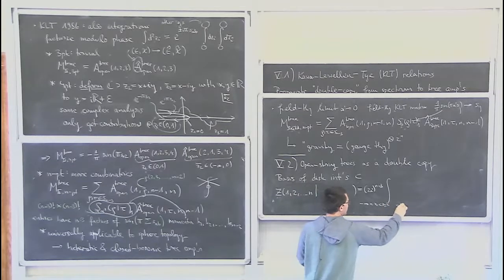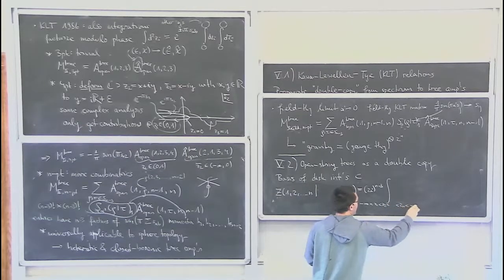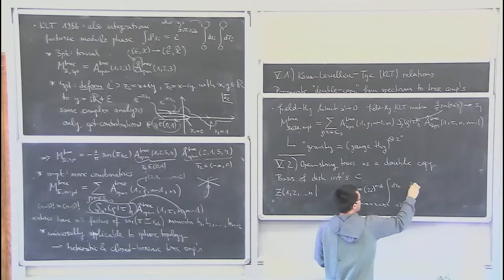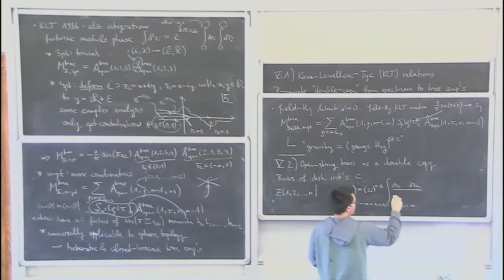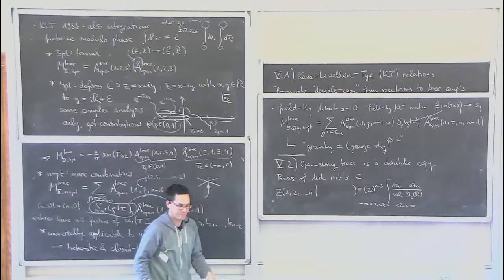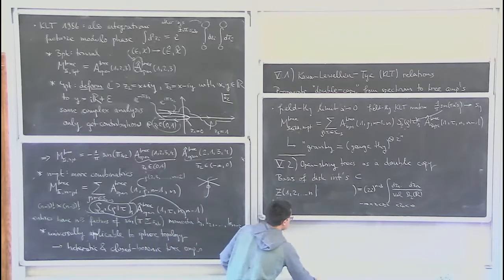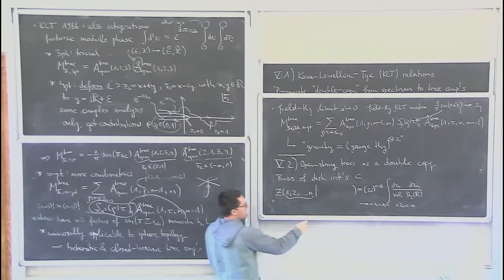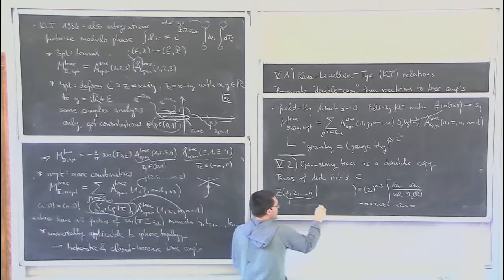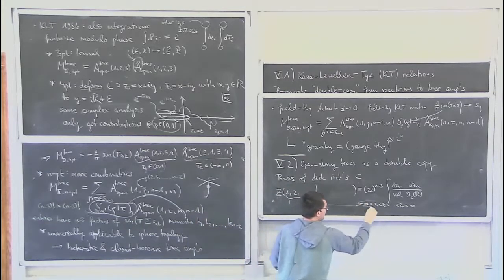I need to specify a cyclic ordering of the punctures. And this can be safely done in an SL2 covariant manner, where I'm not yet committing to which punctures I fix. So the first piece of notation is, in the first entry, on the left of the vertical bar, you see the integration domain specified.